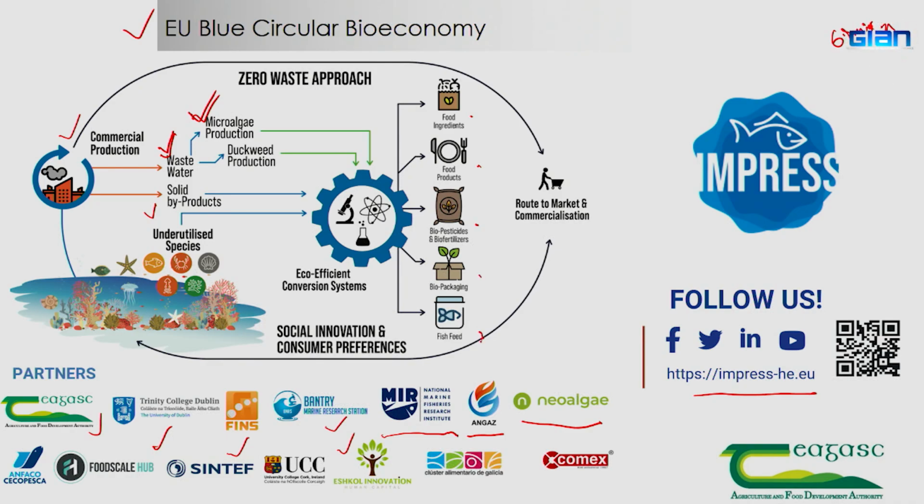That's why the whole design of this program is the food and feed value chain, and underutilized species, or LTS, low trophic species, and how we can convert them into different ingredients. This program started in 2023 and will finish by 2027, with more than 55 researchers across Europe, plus Israel, working to achieve this circular bioeconomy in the area of blue bioeconomy.